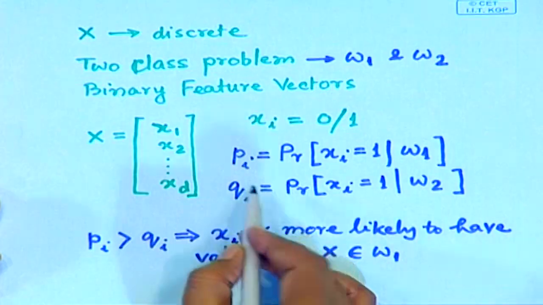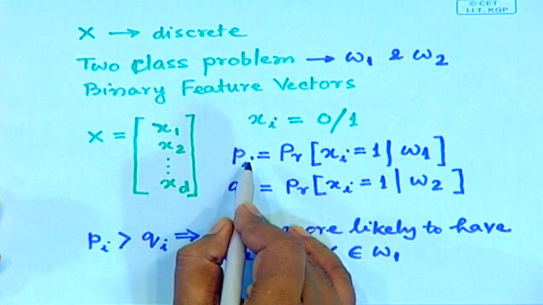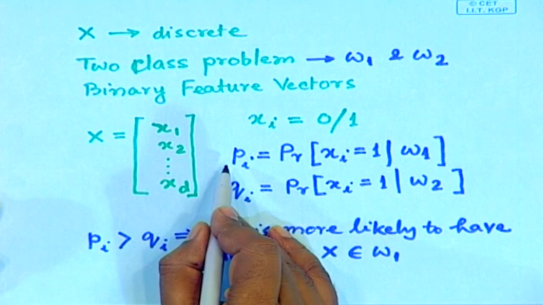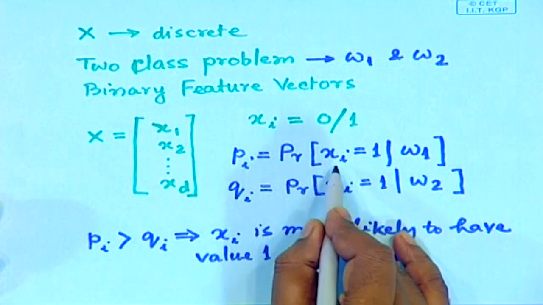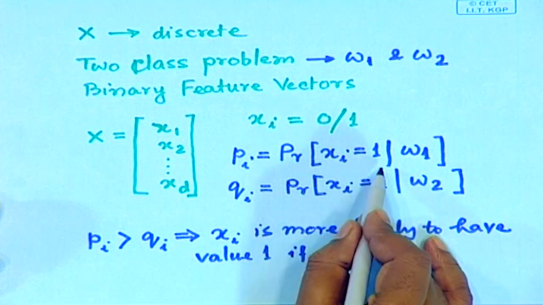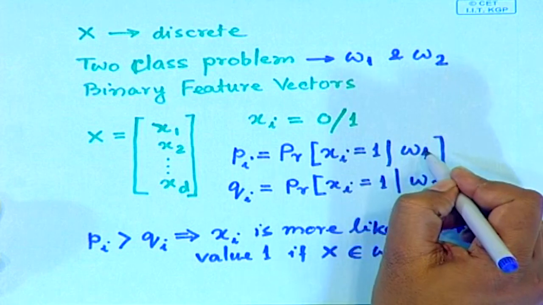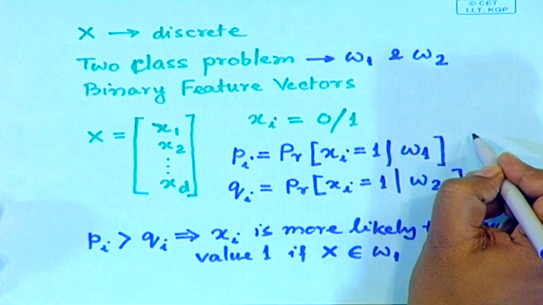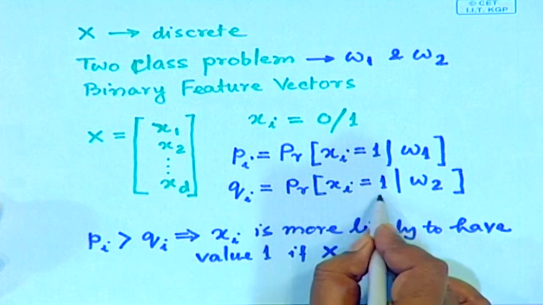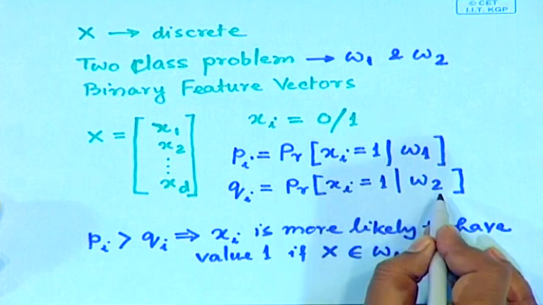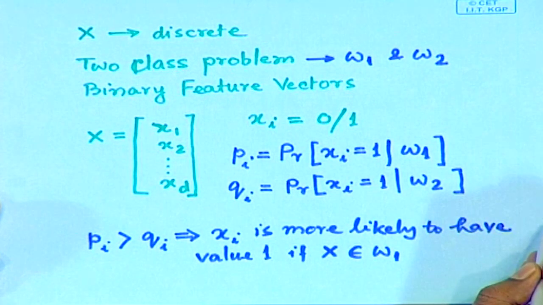So if that feature I put as the ith feature xi, then xi will be more frequently equal to 1 if omega 1 is Darjeeling, and less frequently equal to 1 if omega 2 is Nagpur.